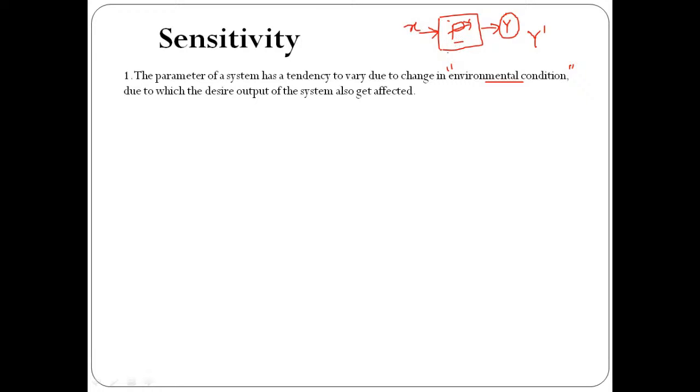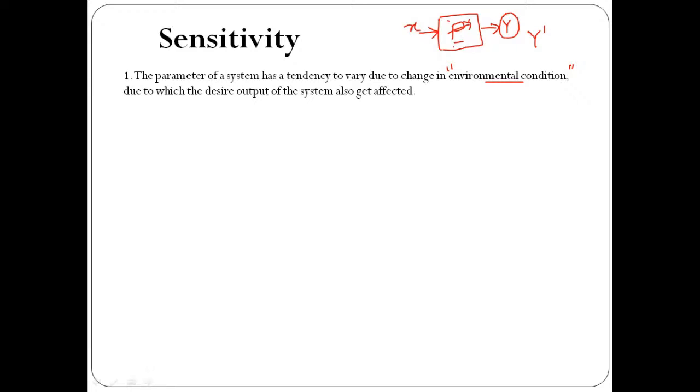So I hope this point is clear to everyone, what exactly sensitivity is. Sensitivity is nothing but a factor through which we are trying to determine how the output of a system is going to vary if its corresponding parameters change due to environmental conditions. That may be due to internal process, or due to some external unavoidable condition.